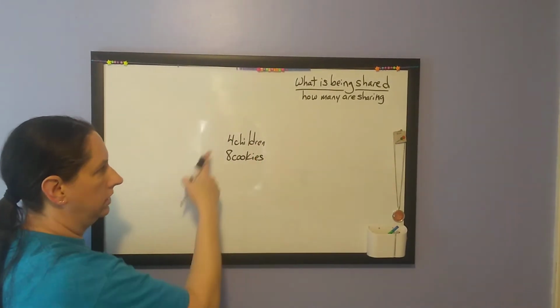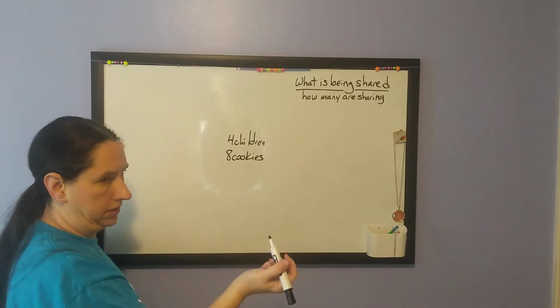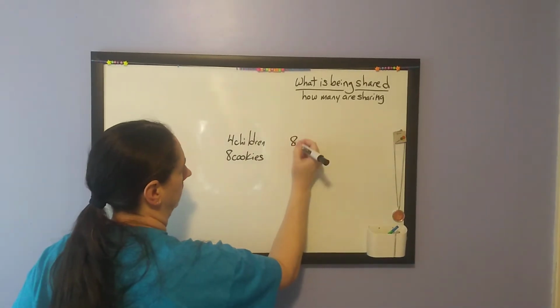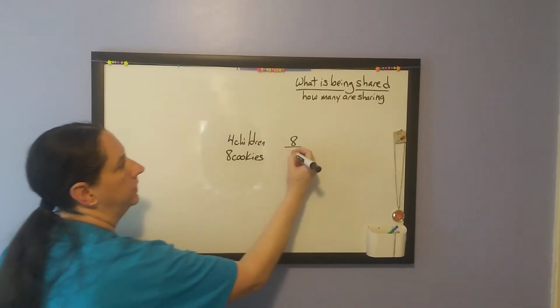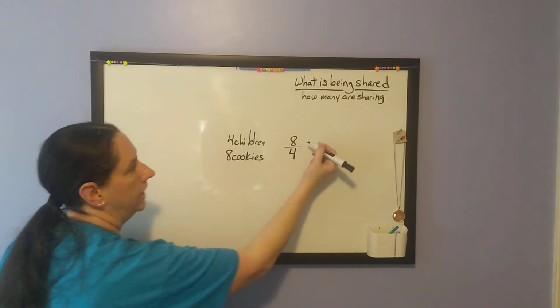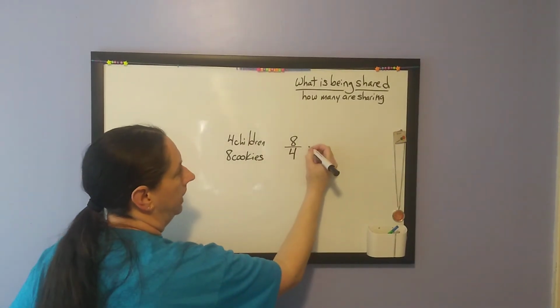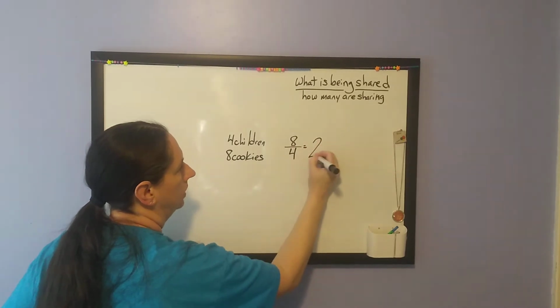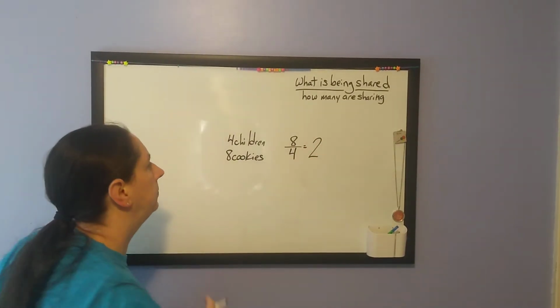What's being shared? Are we sharing the 4 children, or are we sharing the 8 cookies? We're sharing the 8 cookies, so the 8 is my numerator. And how many are sharing them? The 4 children. So now we have 8/4, or 8 divided by 4, which equals 2. So the children will get 2 cookies each.